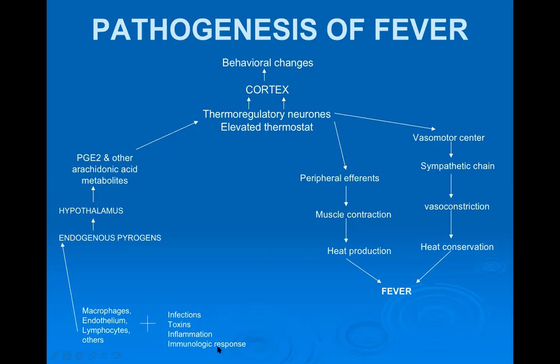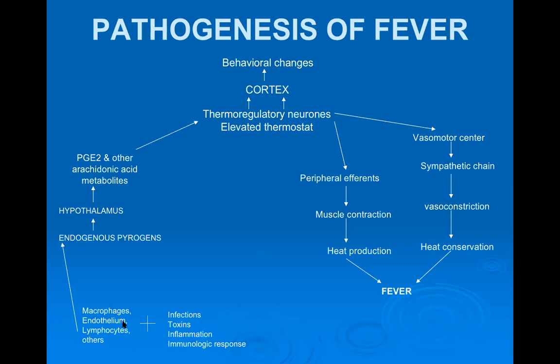And if there are some immunological response, like hypersensitivity reaction, for example, all of these will activate our immune system, and the inflammatory cells will come into the picture, like neutrophils, macrophages, lymphocytes. Even endothelium is a part there.